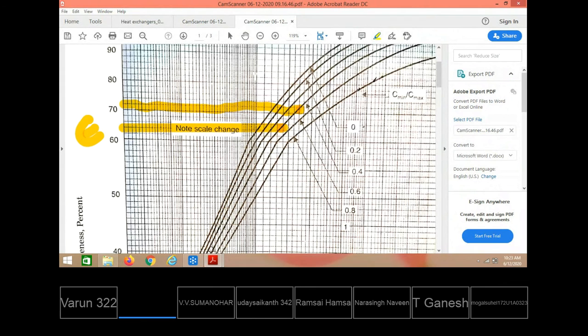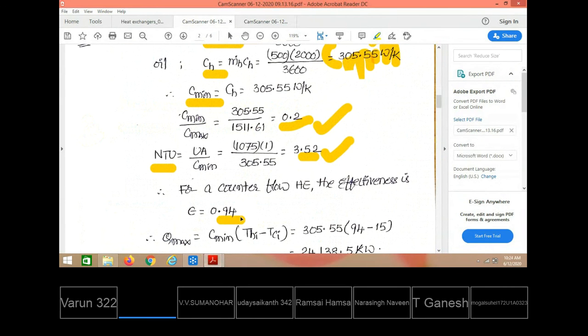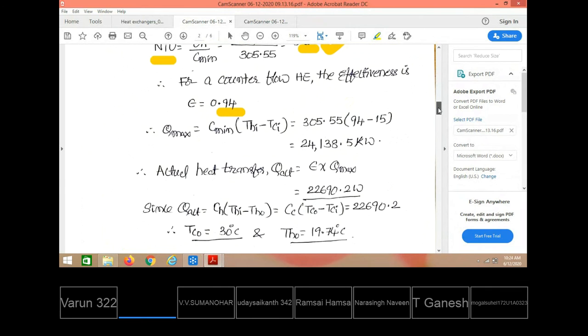That value I took as 0.94. So knowing the effectiveness value, Q maximum is calculated as C minimum into THI minus TCI, which does not require outlet temperatures. So that is estimated. Then what is the actual heat transfer? Q actual equal to effectiveness times Q maximum. I got this value. Q actual is equated to CH into THI minus TH0 based on the hot fluid, and Cc into Tc0 minus Tci based on the cold fluid.